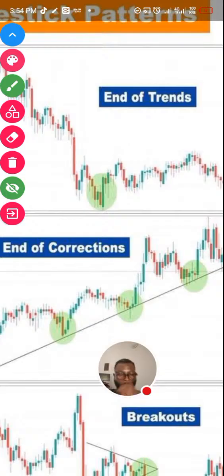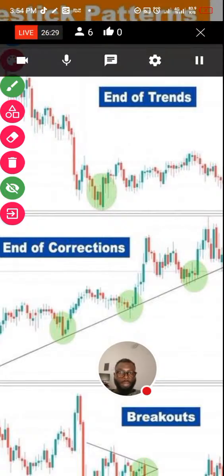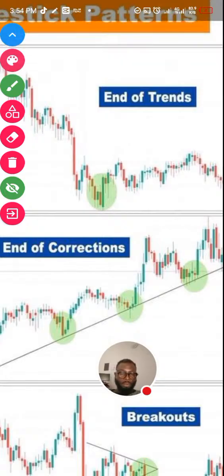So you can see this bullish candle engulf the previous sell candle. That is one sign that the bullish presence has taken over in this market. You're expecting it to go up.